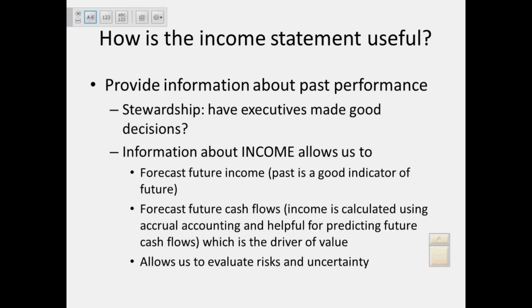Similarly, not only can I forecast future income, but I can forecast future cash flows. If they made a lot of sales this year on credit, then hopefully next year I'll be collecting a lot of cash because the money from the credit sales will be coming in. So not only am I predicting future income, but I'm predicting future cash flows. And then I can also take a look at risks and uncertainty. So I look at maybe a couple of years' worth of income. I see what's happening over time.